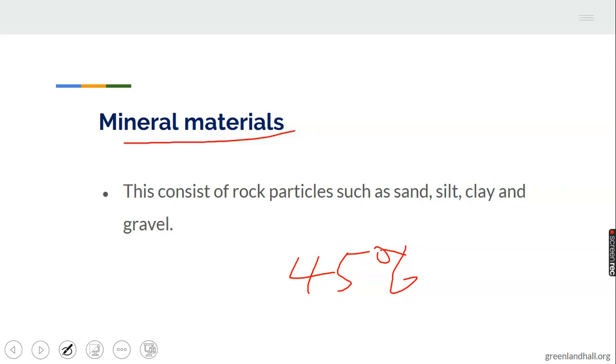It is the main source of plant nutrients such as nitrogen, calcium, magnesium, iron, and so on. The mineral or inorganic matter also holds water for both plant and animal activity.